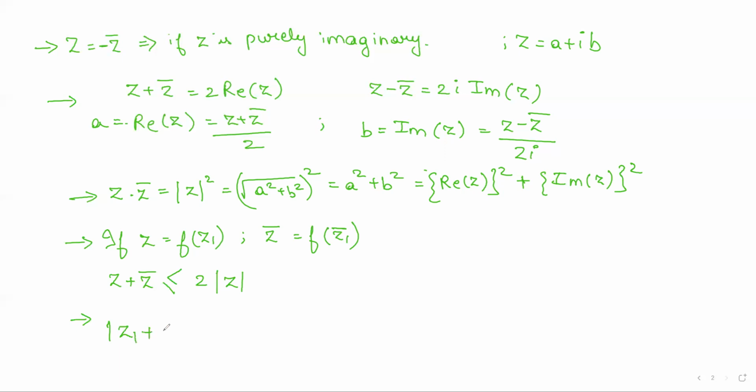Next, mod of z1 plus z2 whole square. Now this we already know is equal to mod of z1 square plus mod of z2 whole square plus 2 times the real value of z1 into z2 conjugate. If you take minus over here, only this term will have the minus sign. This rule is called the cosine rule.